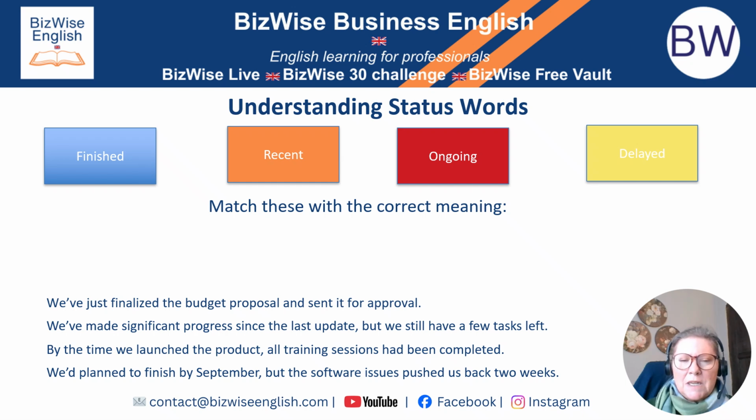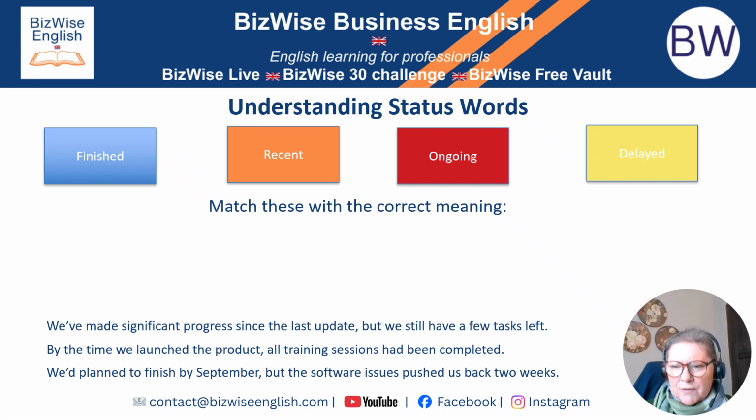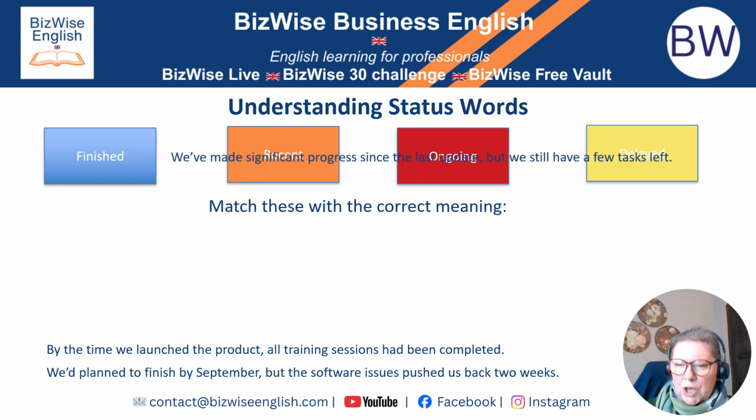We've just finalized the budget proposal and sent it for approval. The key word is just. We've just done something, means it is recent. We've made significant progress since the last update, but we still have a few tasks left. That shows it is ongoing, it is continuing.